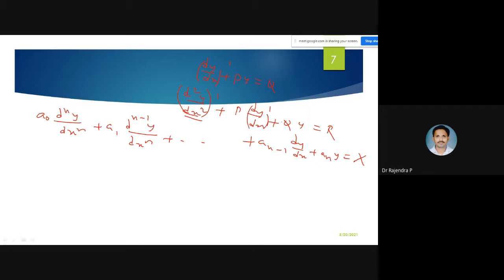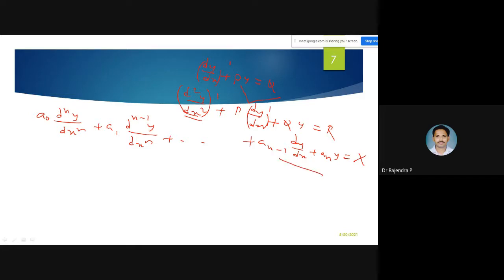P and Q are constants here. With constant coefficients, initially we will take it. In this case also, they may be functions of x, usually we will take it. P and Q are functions of x or constants, but for our understanding, I am going with constants now.